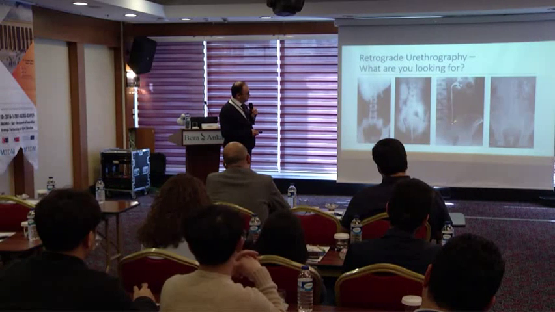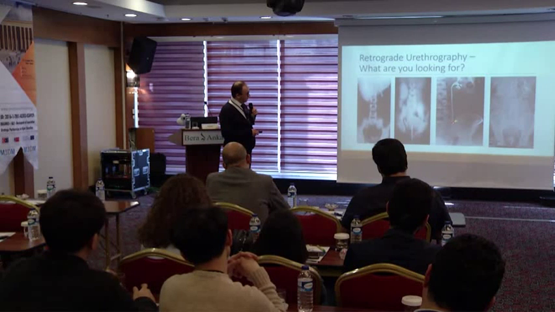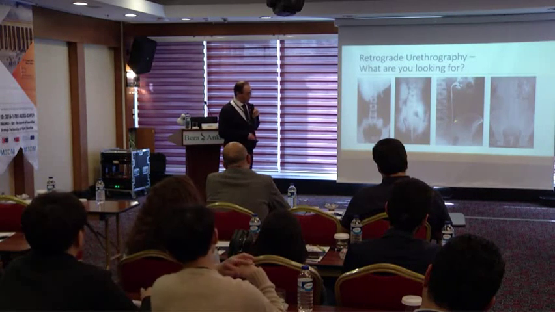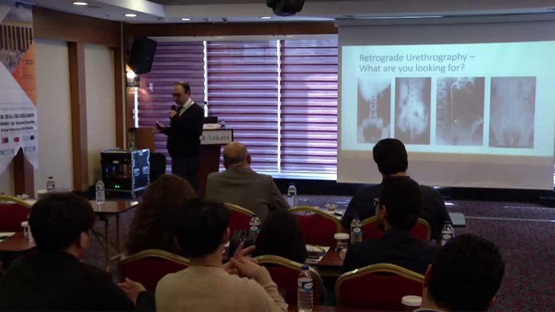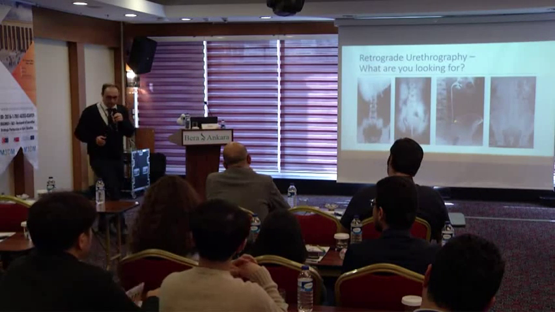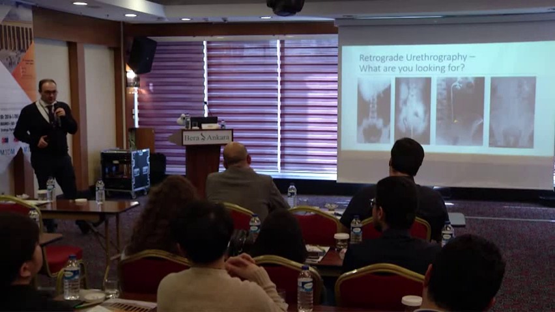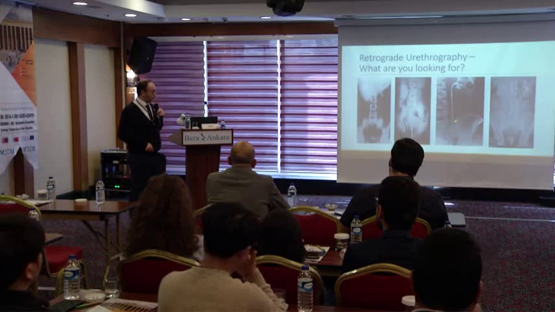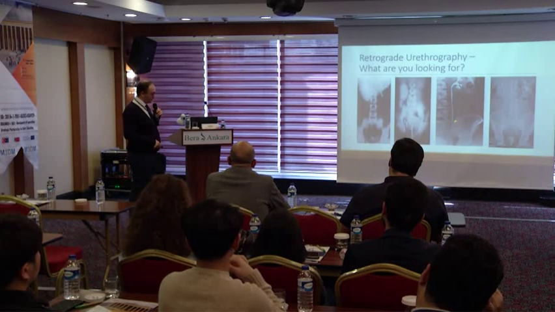We see a filling defect, which is very important, and another filling defect in here. So in retrography, we are looking for filling defects, obstruction signs, and the anatomy of the ureter and collective system.